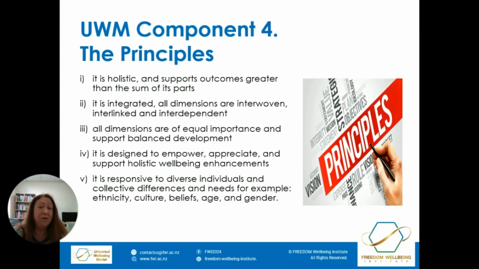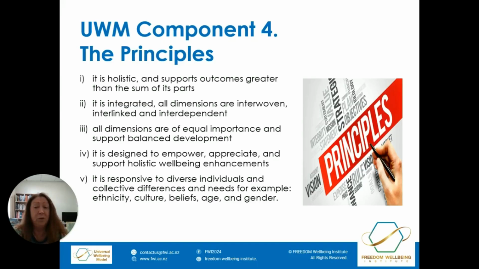The model is also designed to empower, to help people to understand what universal well-being is and how it actually works, so they can be empowered to take action to improve their universal well-being. So the model and understanding of it can help us to understand where we have strengths and talents, and also areas where we have potential or actual harms occurring to our well-being that we may want to take action to stop.